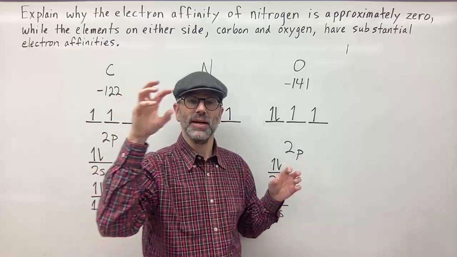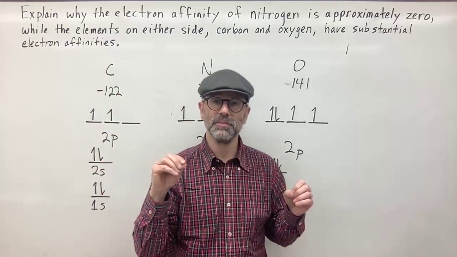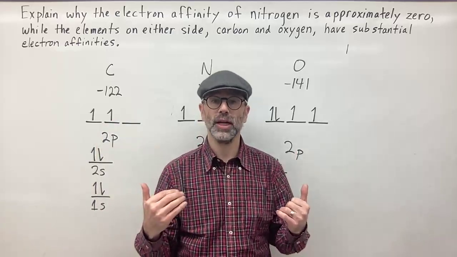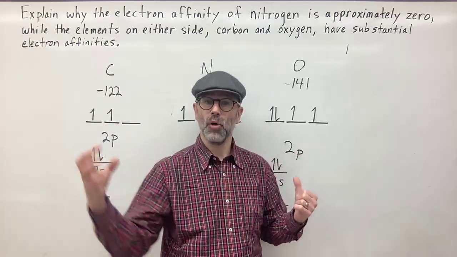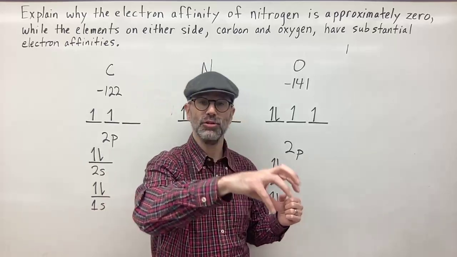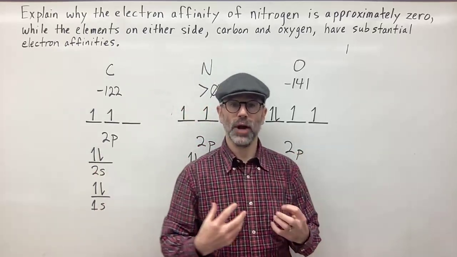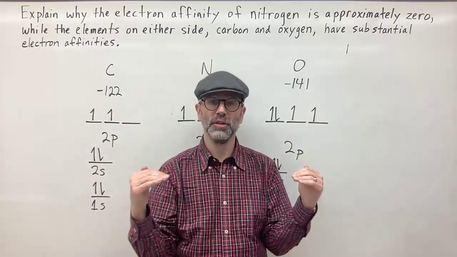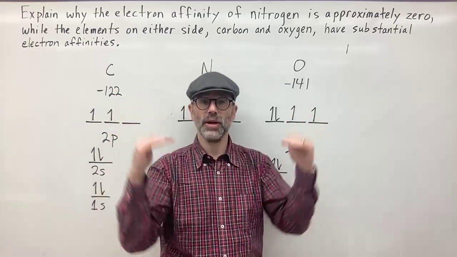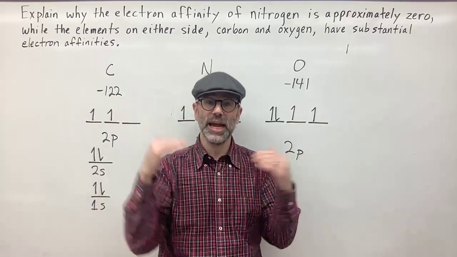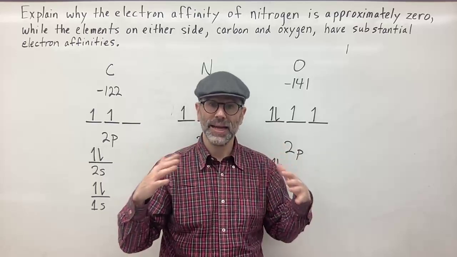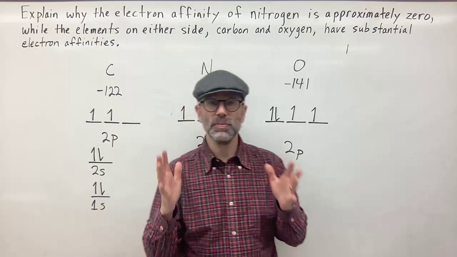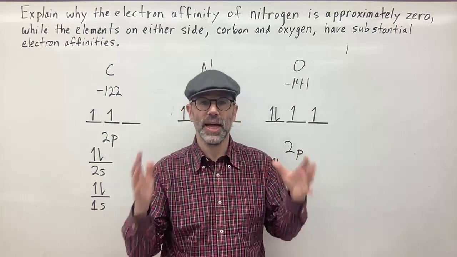If I'm putting electrons into the atom, and the atom has a high affinity for electrons, it wants the electrons. So if I give the electron to the atom and the atom readily accepts it, there's going to be a lowering of the potential energy. And that lowering of the potential energy is going to result in a negative change in the energy of the atom.